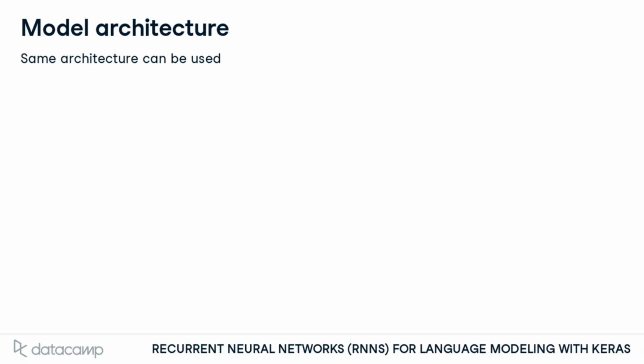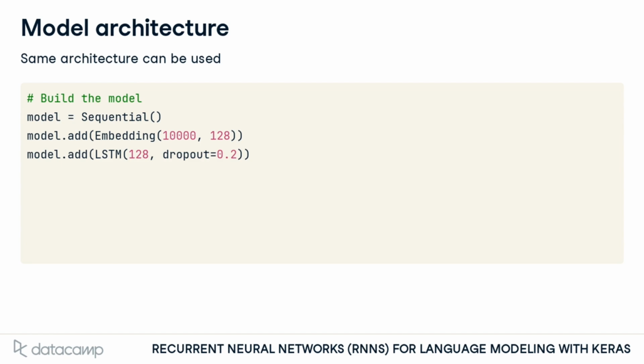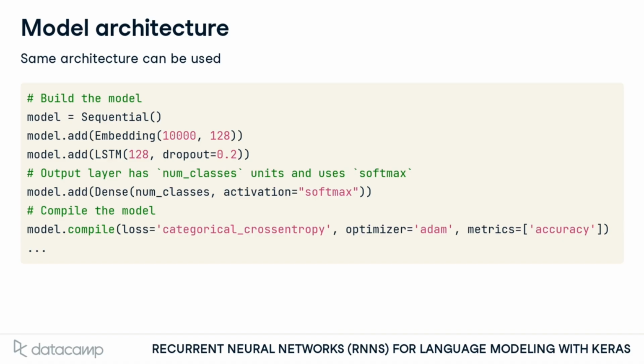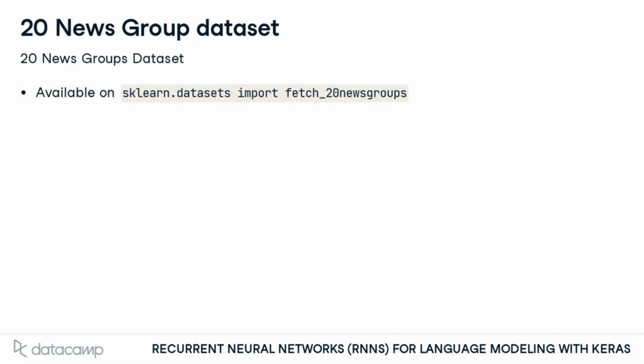The same architecture used for sentiment classification can be used for multi-class classification. The only difference, as mentioned before, is that the last layer now has the number of classes as units and uses softmax as activation function. Also, when compiling, we use the categorical cross-entropy loss function. To implement multi-class classification, we are going to use the 20 newsgroups dataset.